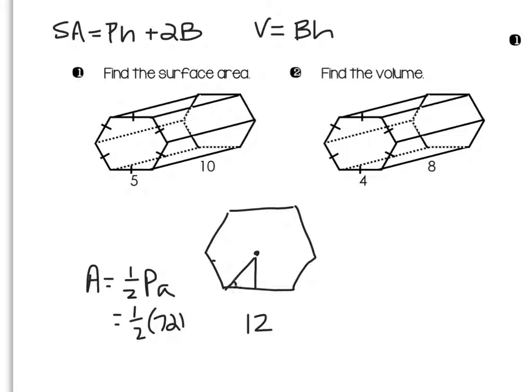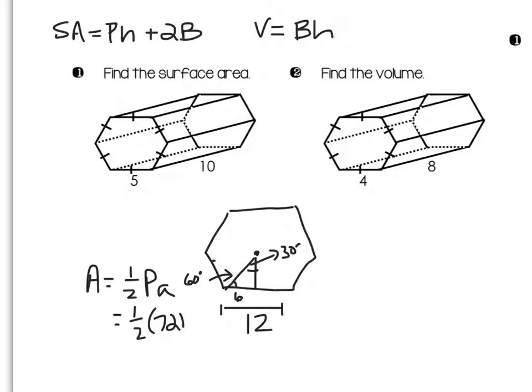So the first thing to remember is that when we're doing a hexagon, this is making a 30, 60, 90, with the 60 degrees being the angle that's at the bottom. So first we split the side in half, so instead of 12 it's going to be 6, and then what they gave me is opposite my 30-degree angle.